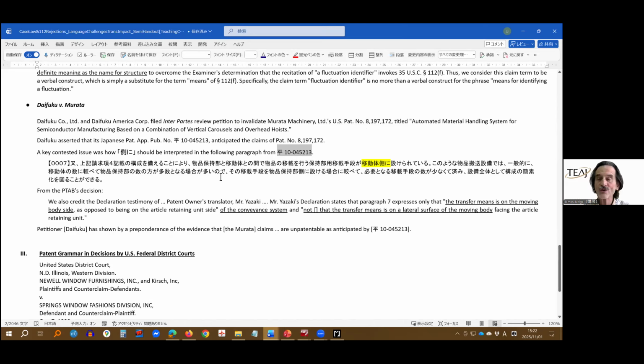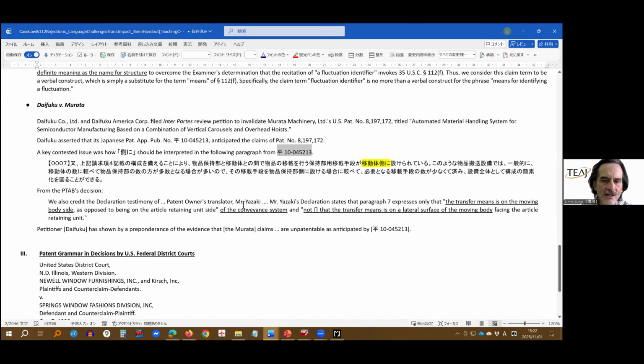So there was no English available anywhere in the world. There was only this publication. I think it did issue as a patent. It doesn't matter whether it issued or not. The publication in Japanese itself can serve as a basis for anticipating any Paris Convention application in the world.